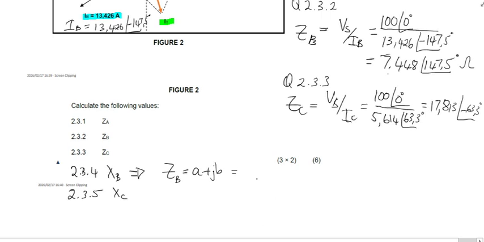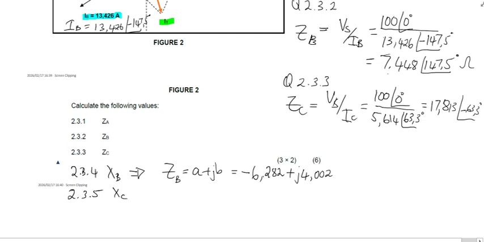That gives me negative 6.282 with a positive j of 4.002.